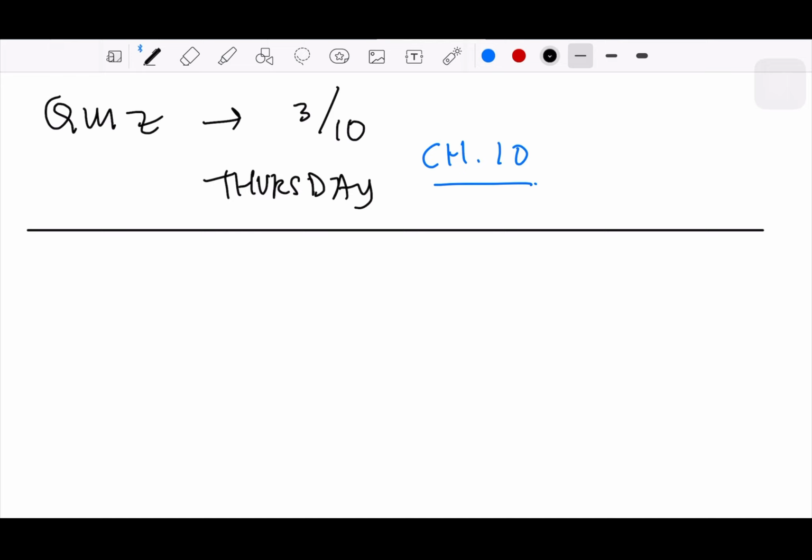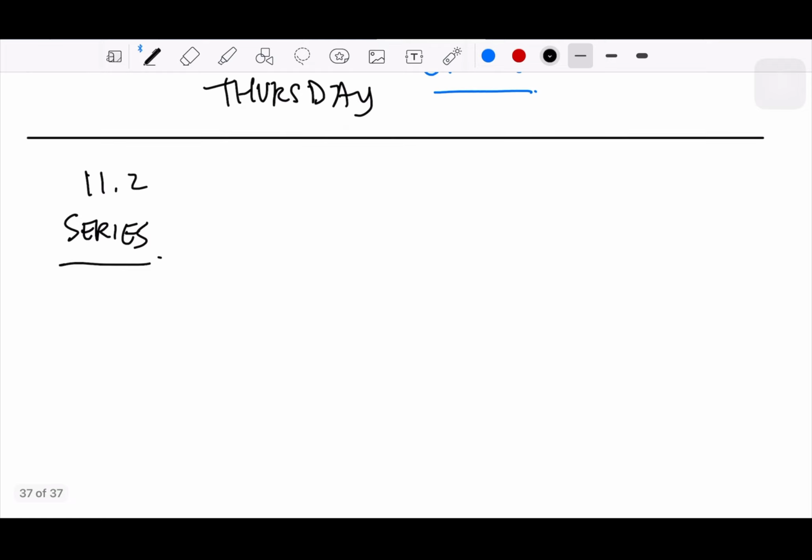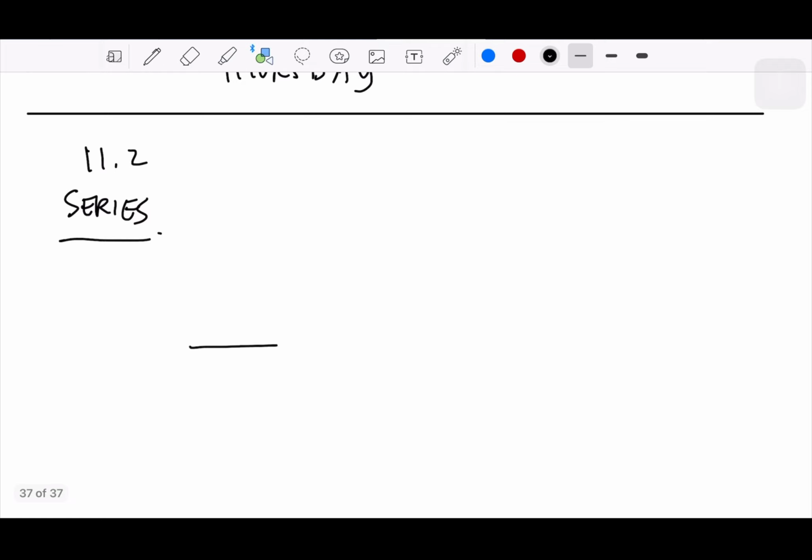Okay, let me start with 11.2, which is the series. To illustrate what series means, let me just illustrate the Zeno paradox.